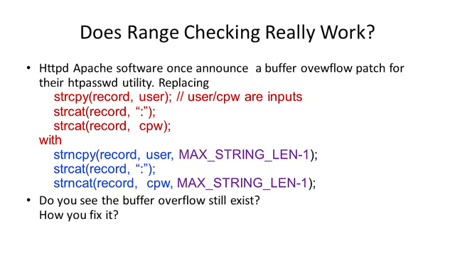And then using strcat to append the semicolon, because most of the password file contains the field user followed by colon followed by the password. And then the last statement was replaced with a strncat to the record variable with the current password, but limited the length to max string length minus 1.